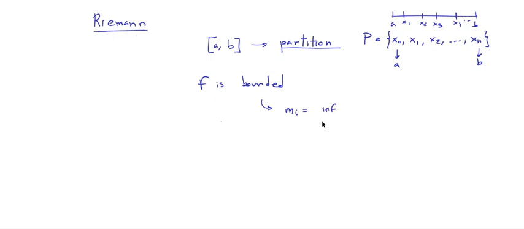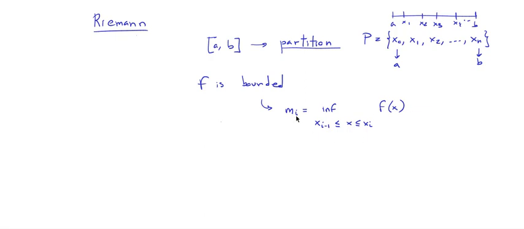It doesn't actually have to have a minimum. So for all the values of x in this interval between these two points, we have the value of the function there.